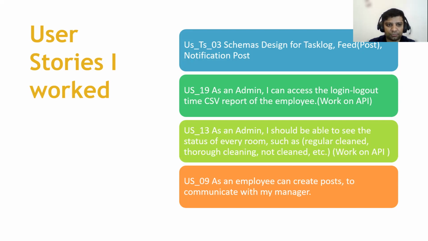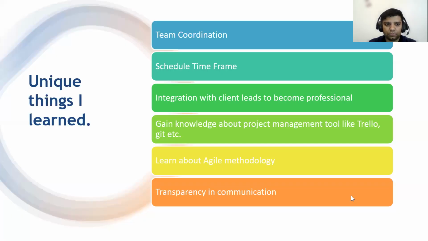In this task, I designed the API, and another person worked on the web application development. Now, in user story 9, as an employee, I can create posts to communicate with the managers. Here, I created some APIs to create posts and do the CRUD functionality for the posts.